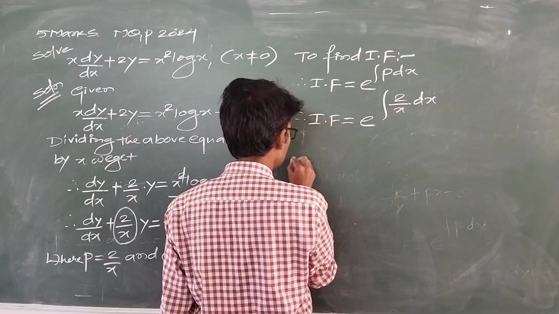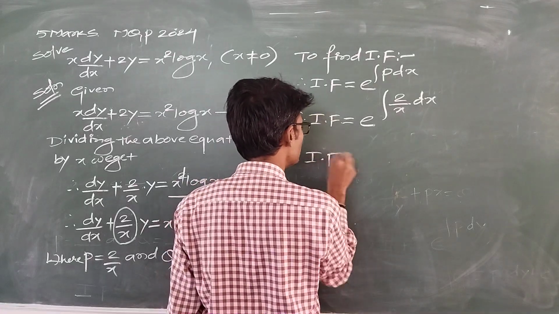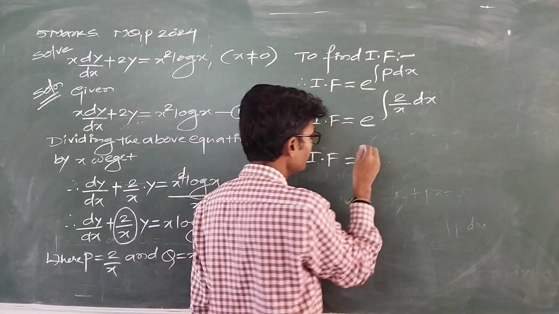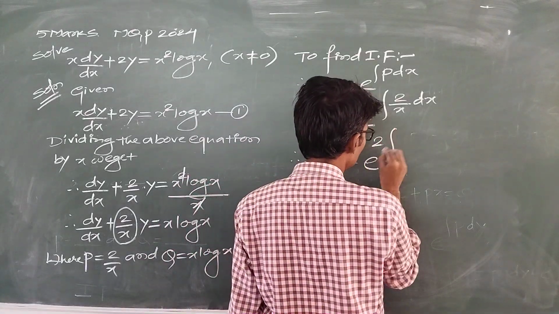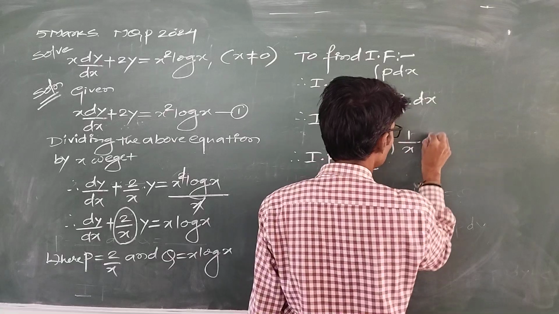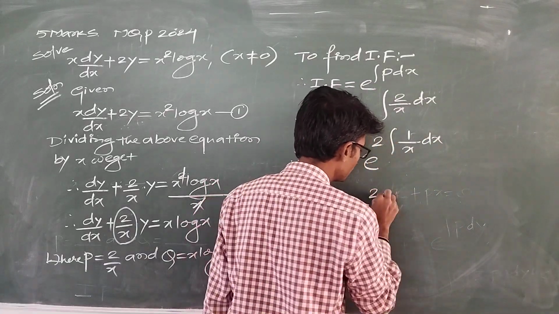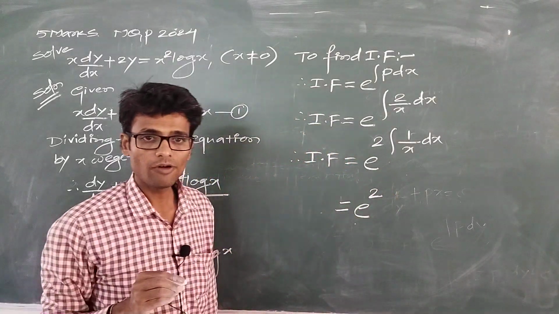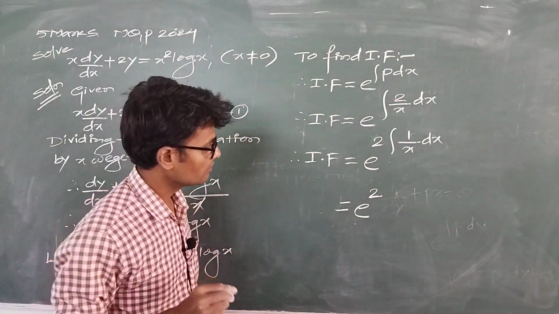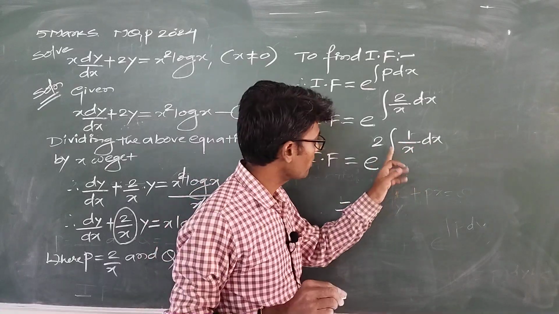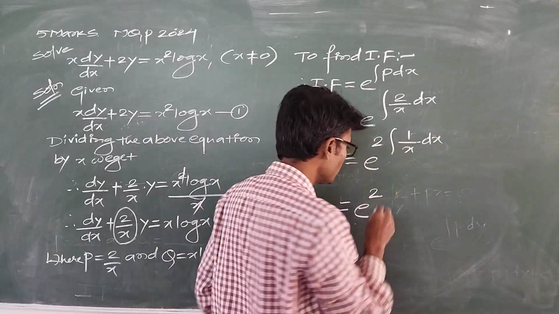Since 2 is a constant, you take it outside the integral sign, so it becomes 2 times integration of 1 by x into dx. We have the formula that the integration of 1 by x into dx is log x.